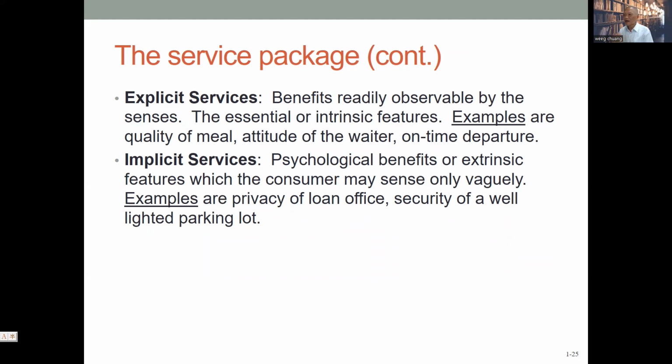Examples are quality of meal. Quality of meal is easy to sense. And the attitude of the waiter, you can sense the warmth of the service, the quality of the service, on-time departure. All these are representative examples of explicit services.